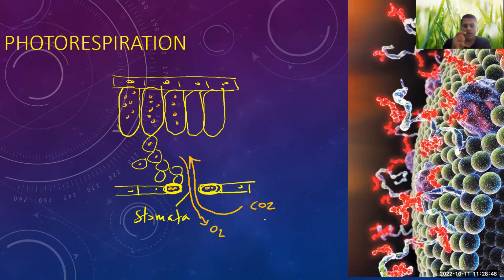Okay. Can you name another molecule which uses the stomata to move through? Another molecule which can also move this way through the stomata. Oxygen is going out of the cell, carbon dioxide is coming into the cell.